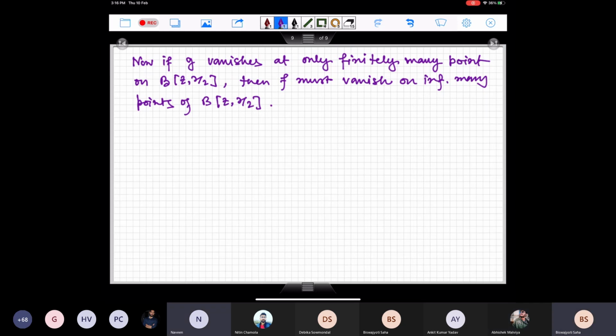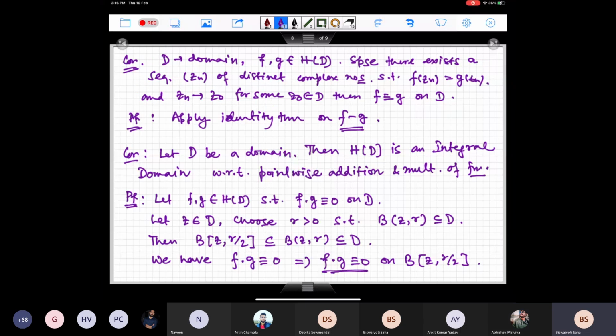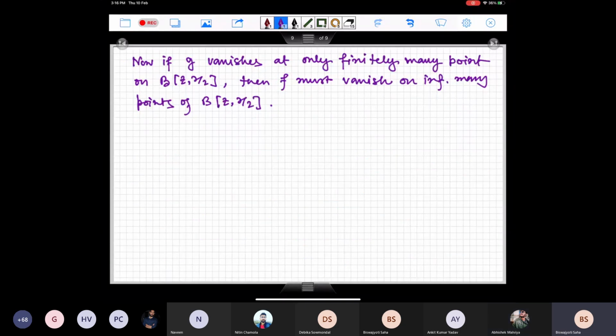Yes, sir. Because overall the product has to be 0, right? So if g vanishes at only finitely many points, then f must vanish on infinitely many points, and this implies that f is identically 0 by the identity theorem, or by the lemma, whichever you want to say.